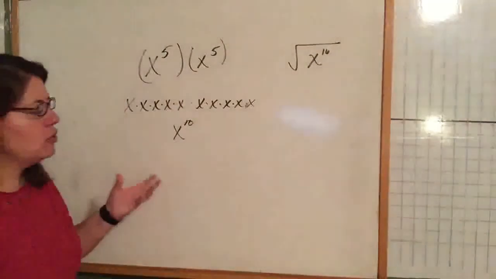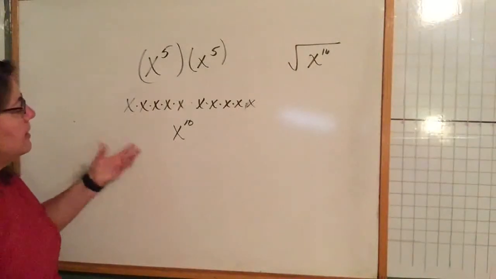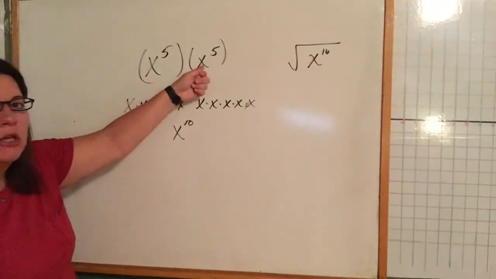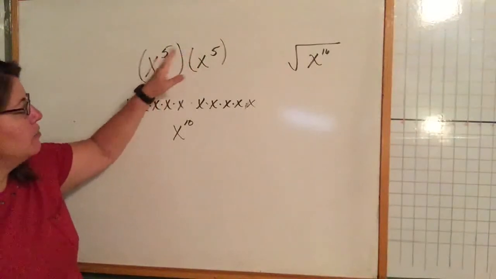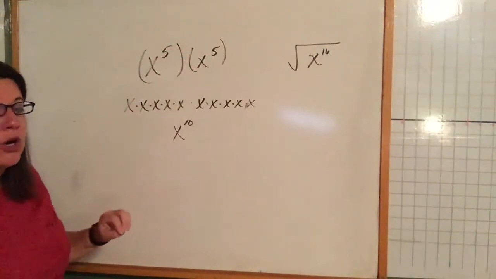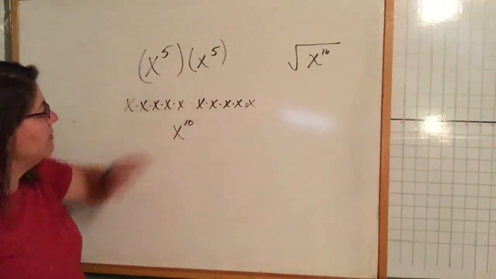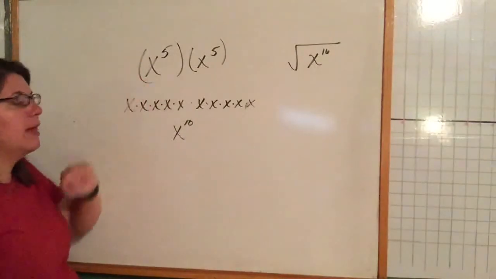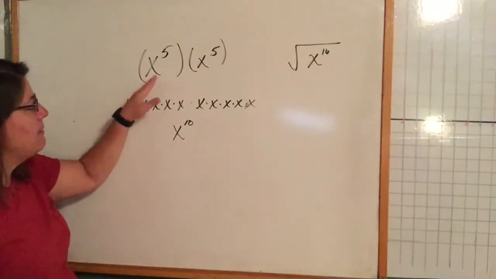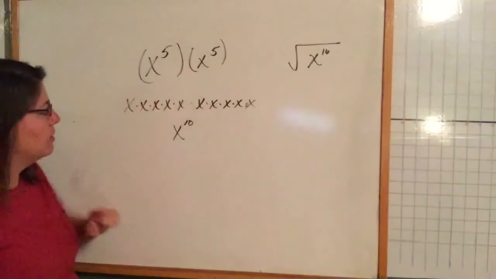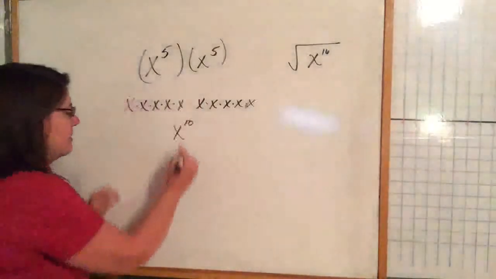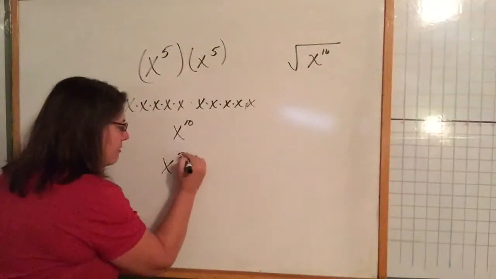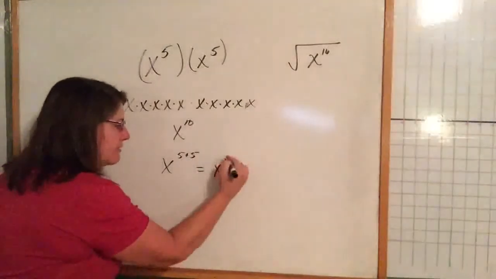And that led us to a rule that says if you have a common base to an exponent, and the exponents don't have to be the same for this to work, all you have to do to multiply those monomials together is keep the base and add the exponents. So essentially that is x to the 5 plus 5, or x to the 10.